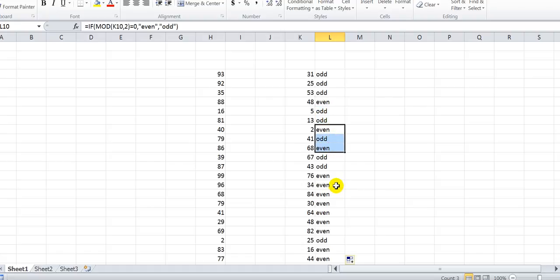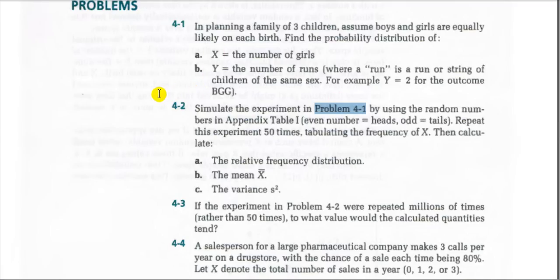So you could simulate checking different families, and then count how many males and how many females you had in each family, and then get a relative frequency distribution for how many times you have no girls, 1 girl, 2 girls, and 3 girls.